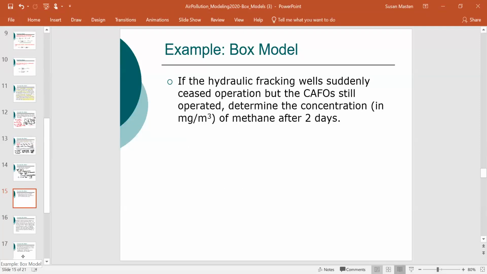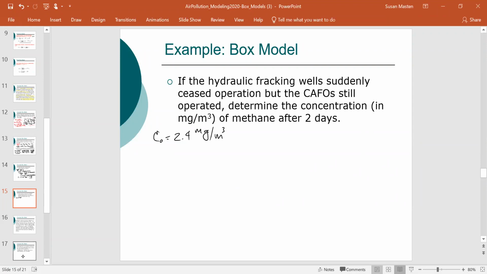Now, what would happen if all of the hydraulic fracking wells suddenly ceased operation? So we've got a condition here. We've achieved steady state conditions. So this is what we start with.